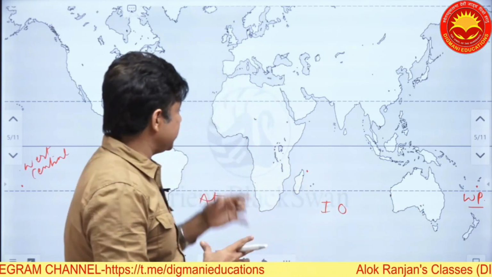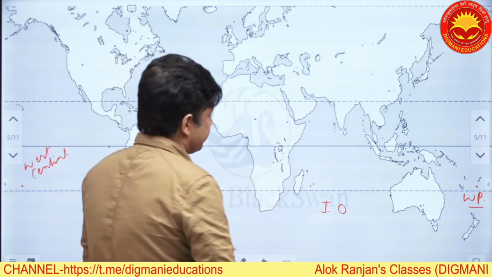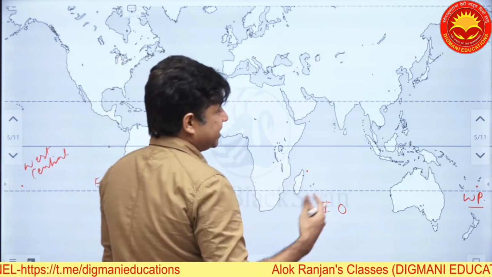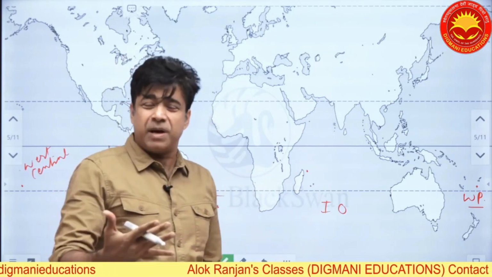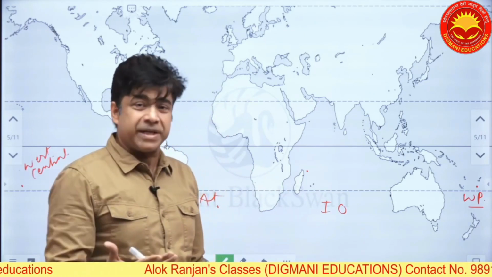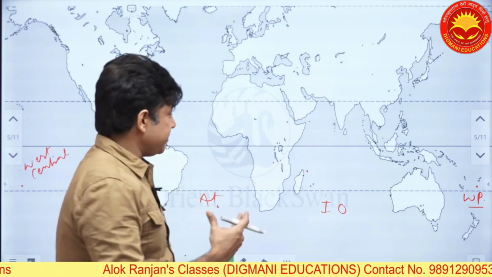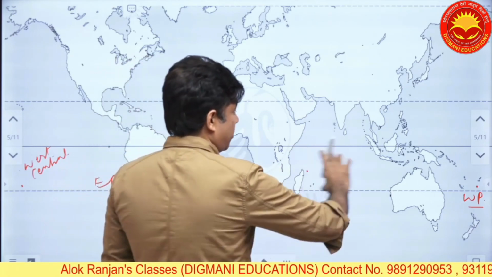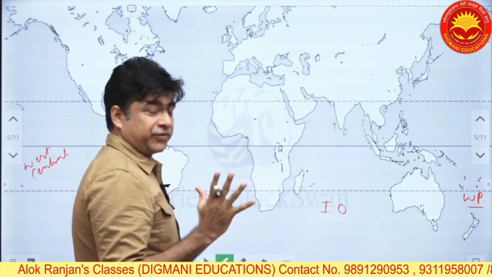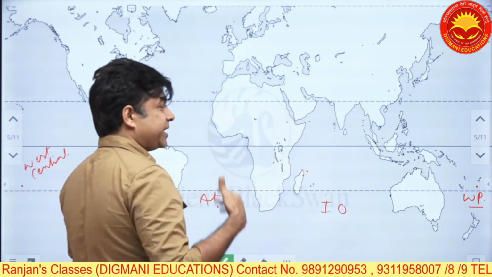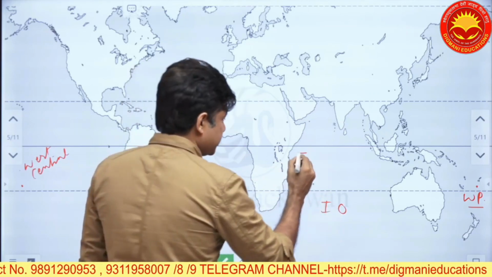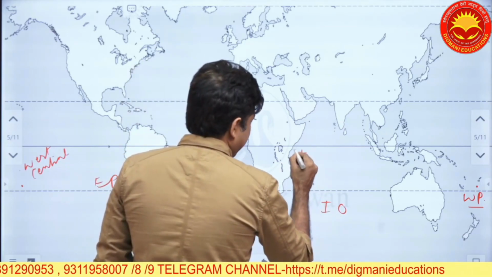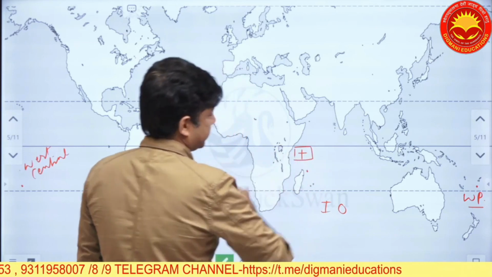I can show you on this world map, say during the months of late March to late May, end of May. During this period in the tropical region, especially the Indian Ocean, before the arrival of the monsoon, you have formation of high pressure in this zone.